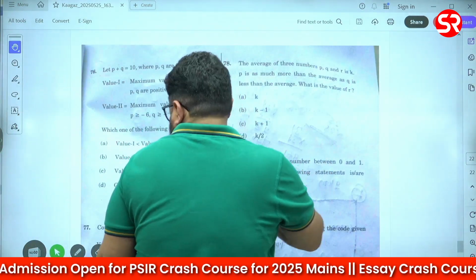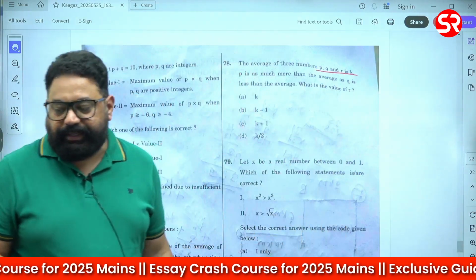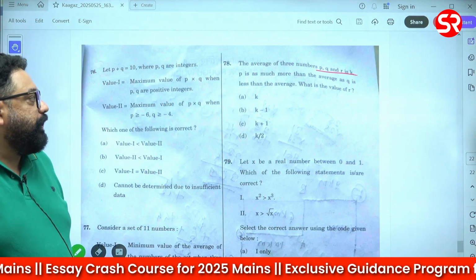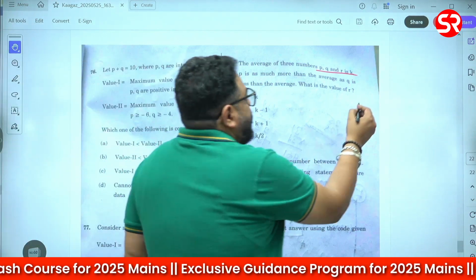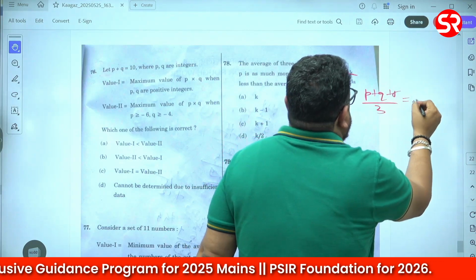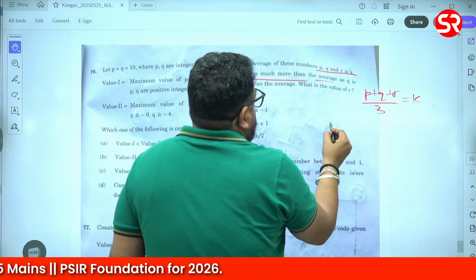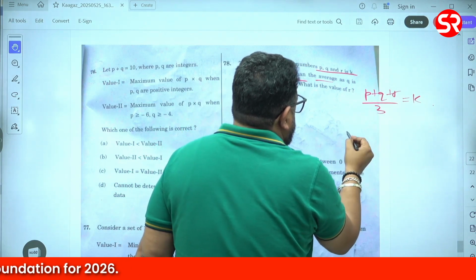Okay. Let's see. Average of three numbers P, Q, and R is K. So what would be right? P plus Q plus R upon 3 is K. Then he says P is as much more than the average, and Q is as much less than the average.